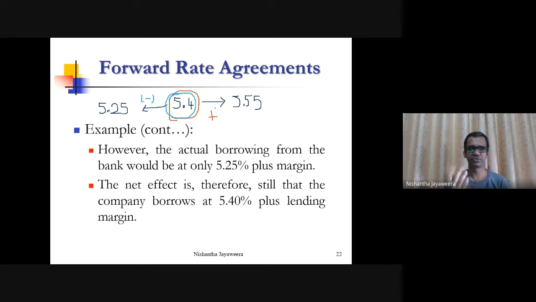You can also use it to speculate, and there can be opportunities of arbitrage if the market interest rate and the fixed rate implied in a forward rate agreement do not match. You can explore that as well. But basically, the basic use of it is to fix your future interest rates.